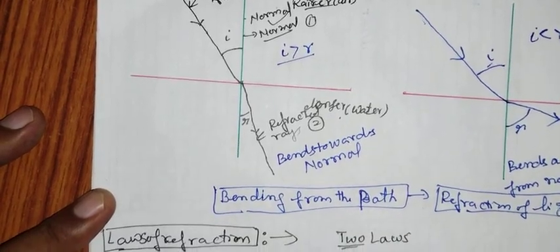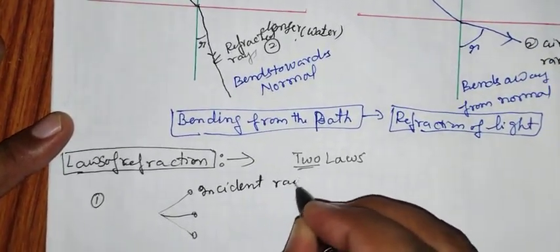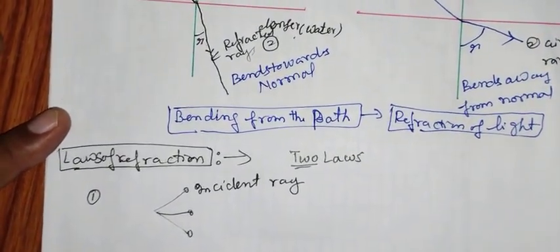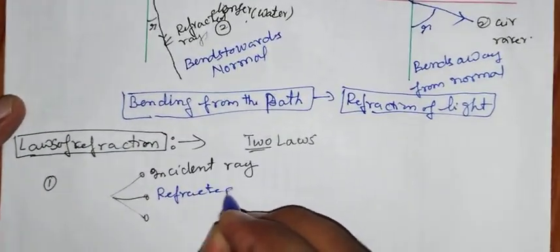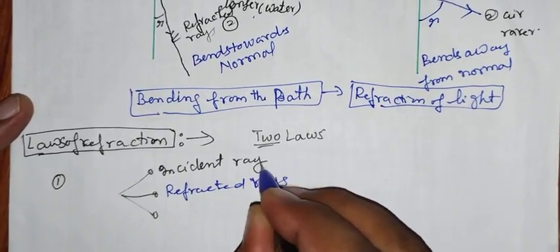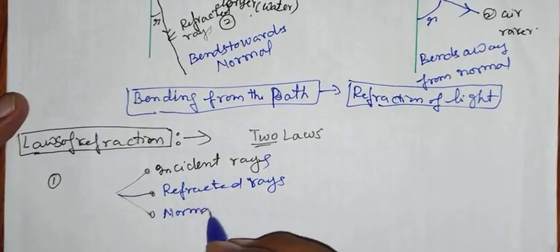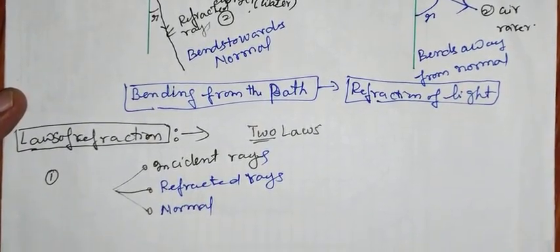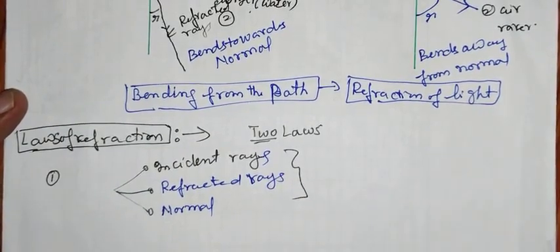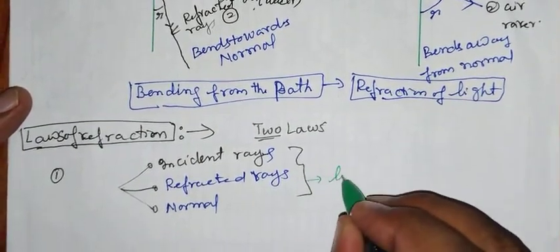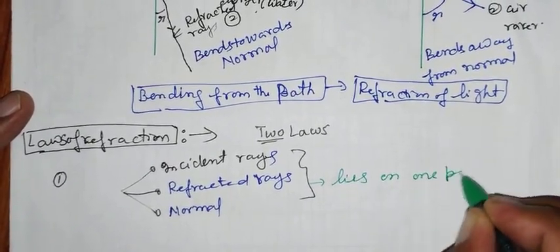First, the incident ray. Second is the refracted ray, and third is the normal. Normal means perpendicular to the plane. All these three lie on one plane.